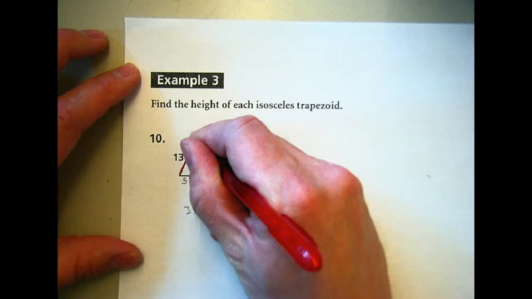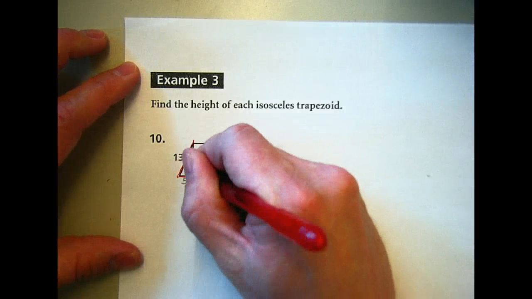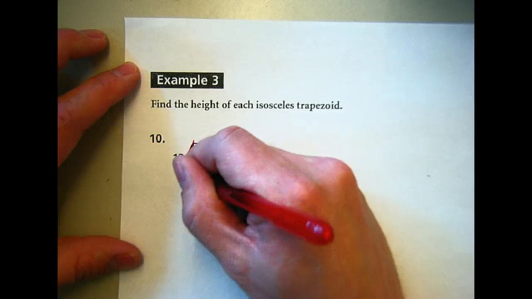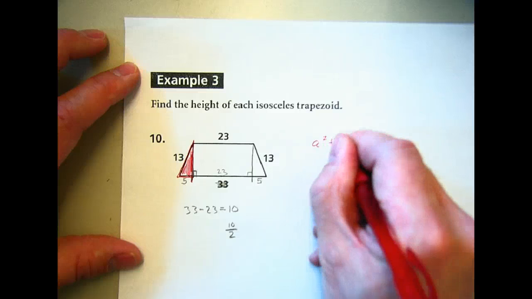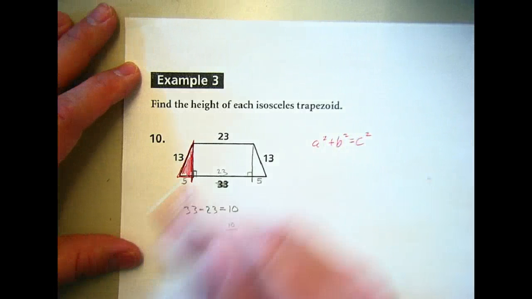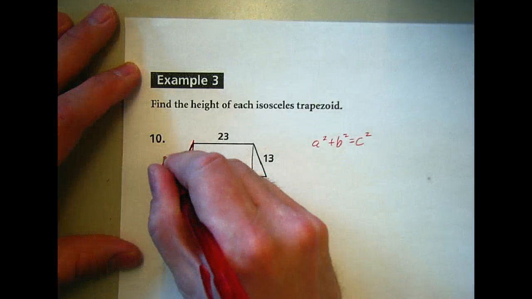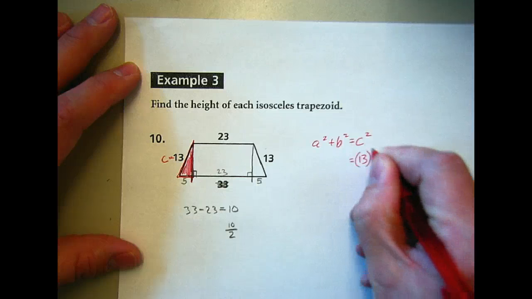Square root that. Good. So what are you using there? Pythagorean theorem. So he's working with this triangle right here using the Pythagorean theorem. He's saying a squared plus b squared equals c squared. Remember our longest side is c, so that's the 13 squared over here.